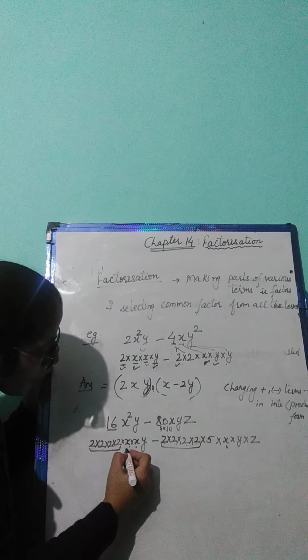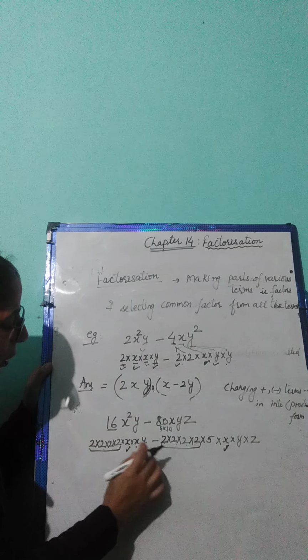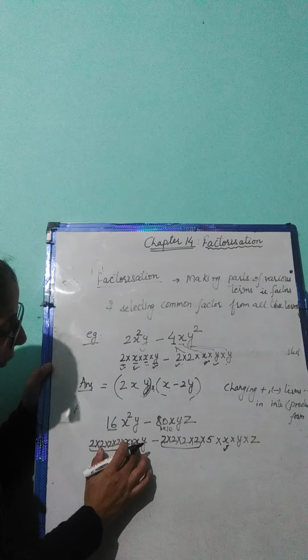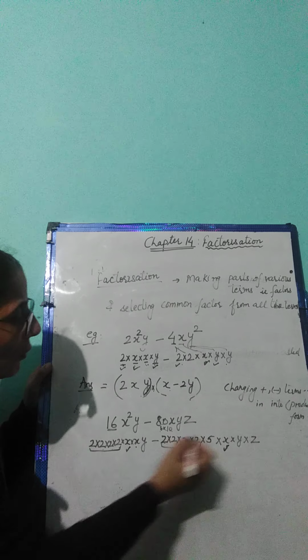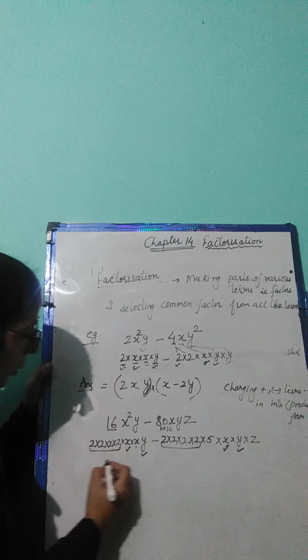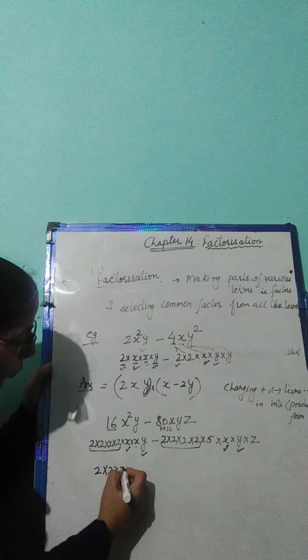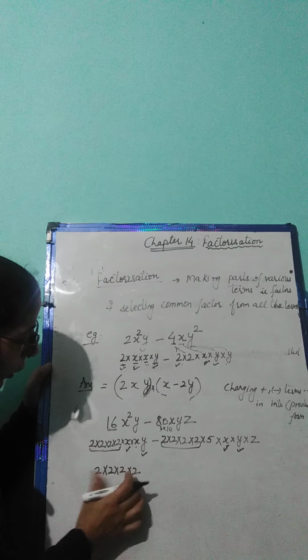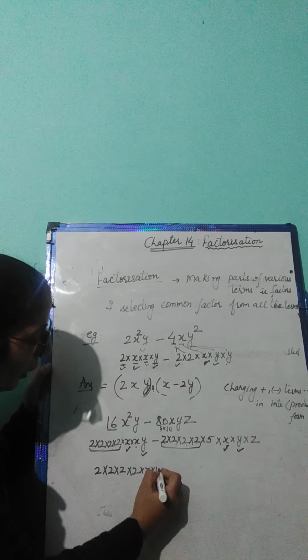Both are having at least 1 time x. So this x is common. Next, y here and yz here. It is also having y. So y is common. So what is common here? 2, 2, 2, 2, four times 2, 1x and 1y.